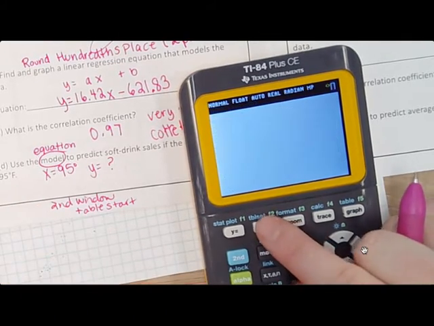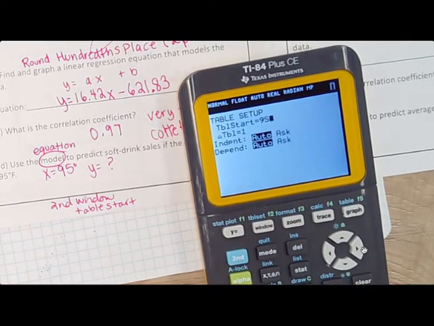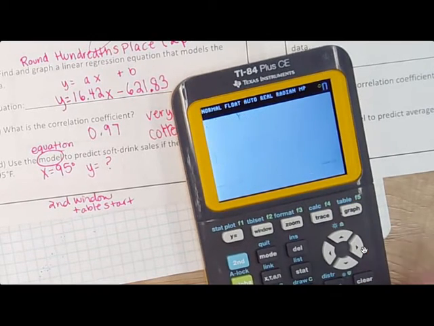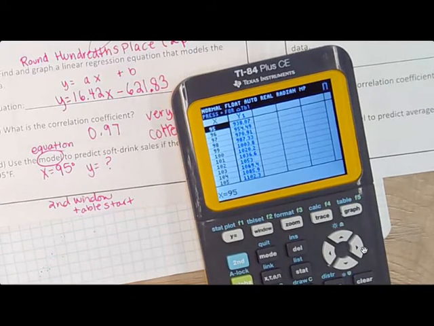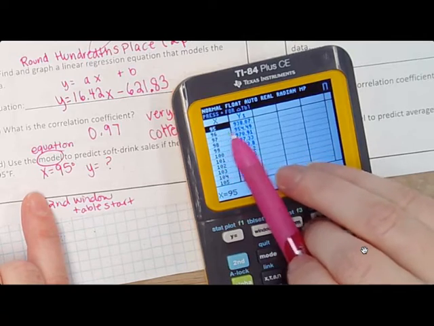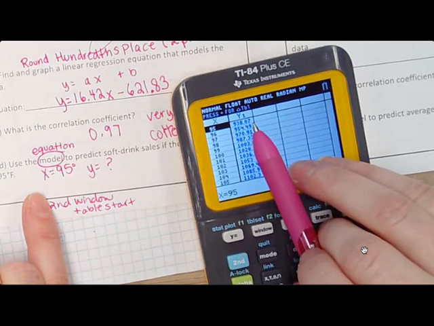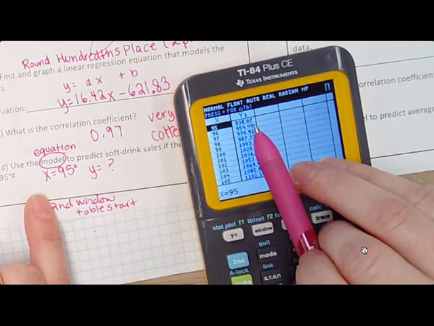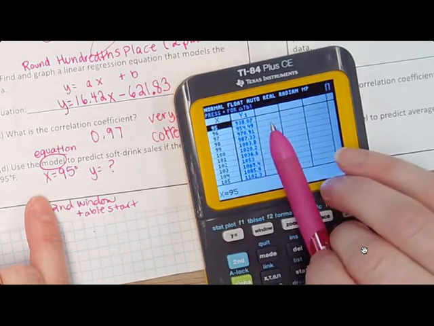So second window, table start 95. That means my table will start at 95 instead of me pushing an arrow all the way down. Now I go to the table, and there's my 95 temp, 938.07 drink sales.